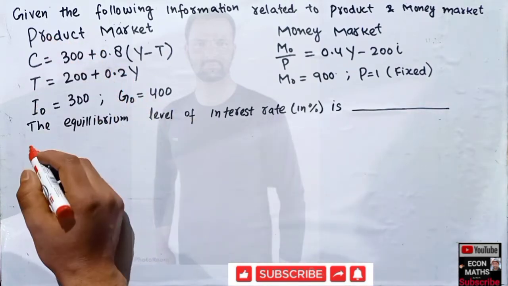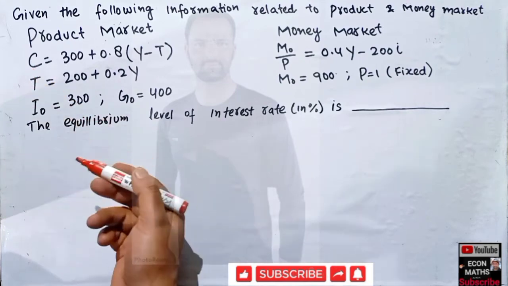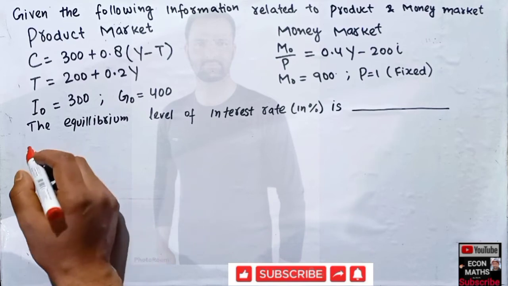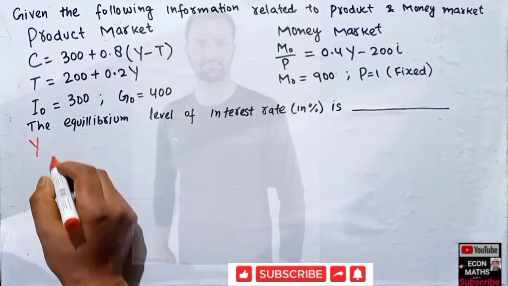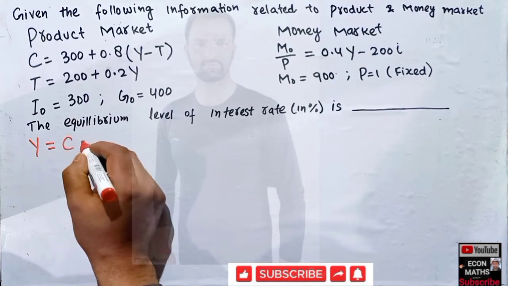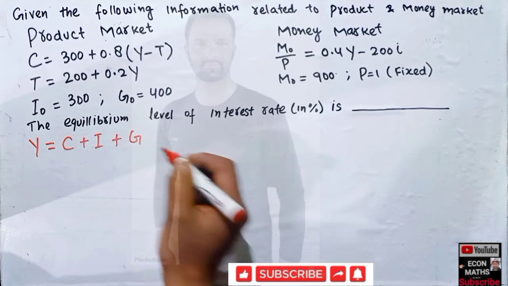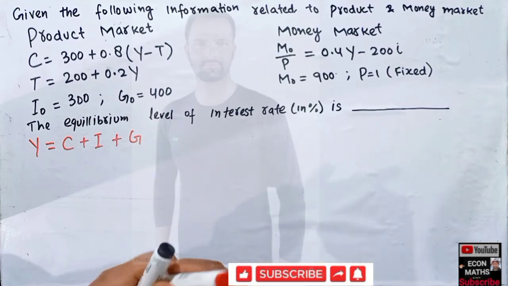In the product market we have our national income identity like this: y is equal to C plus I plus G. To solve for the product market we use this income identity.